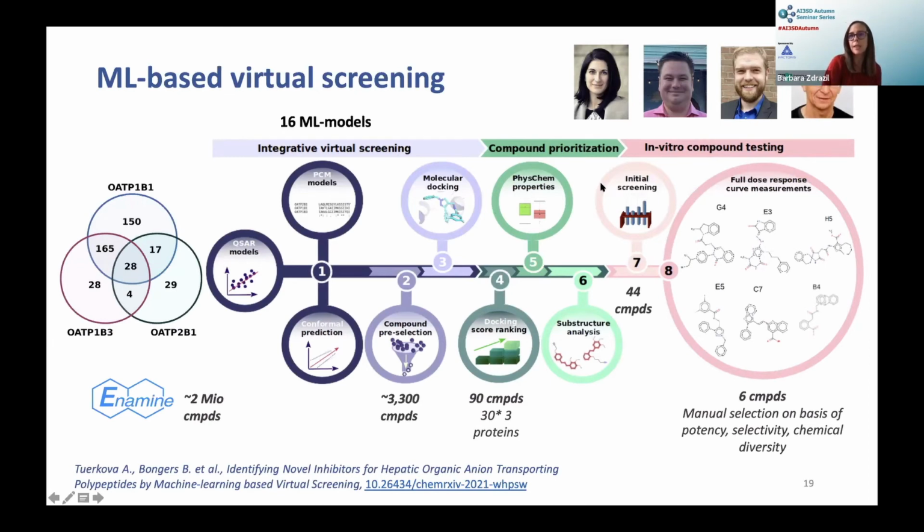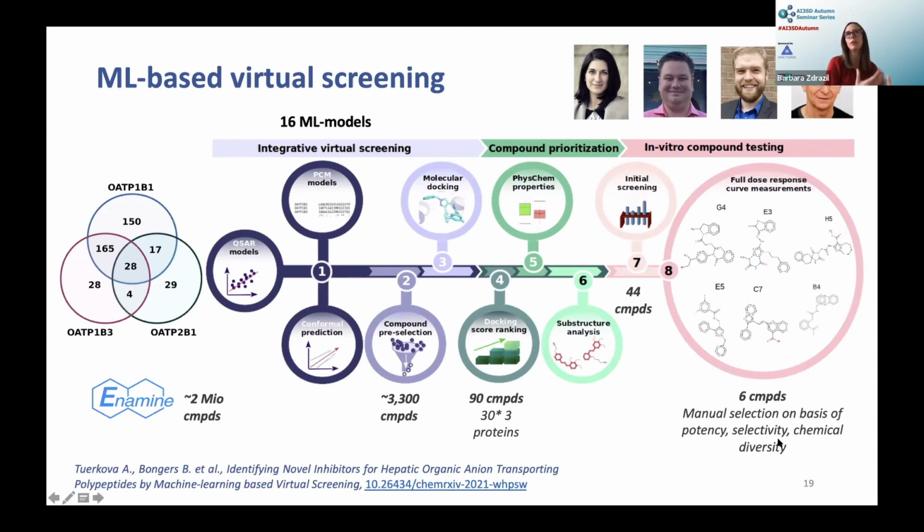So in the end, we selected 44 compounds for initial screening. That means the compounds were tested by our collaborators at three different concentrations. And after that, we manually selected six compounds out of those, which were then tested at eight different concentrations. So this was a manual selection, as I said.